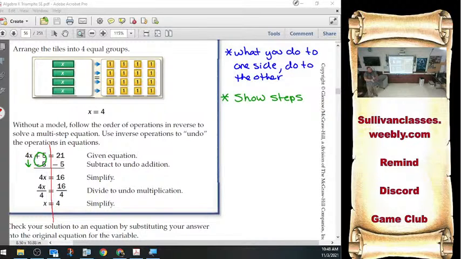It can't go through. That is your invisible wall of doom. You cannot cross it. You cannot combine things through the invisible wall of doom. It will melt your face. Instead, you do stuff on both sides to mirror each other. Okay?